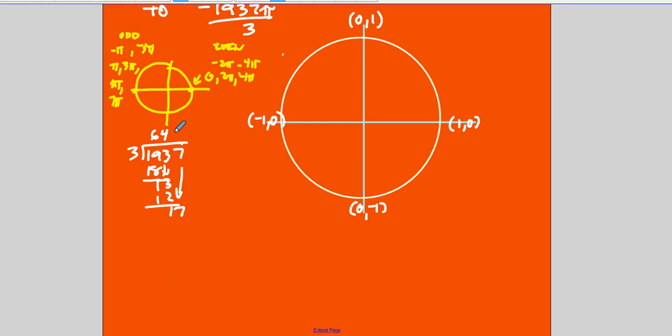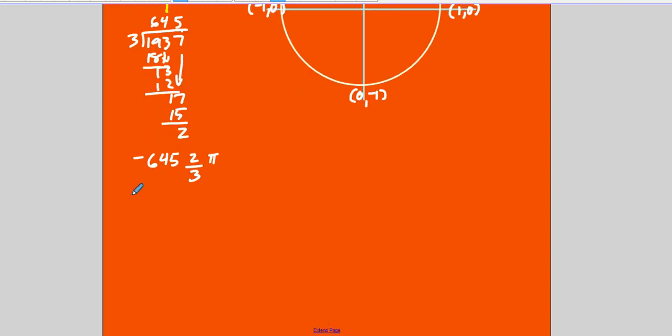So 3 goes into 17 5 times with remainder 2. So this is negative 645 and 2/3 pi.